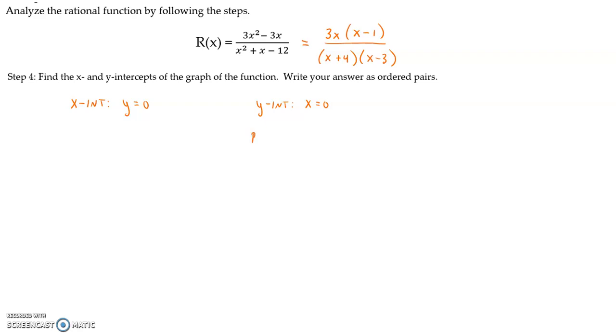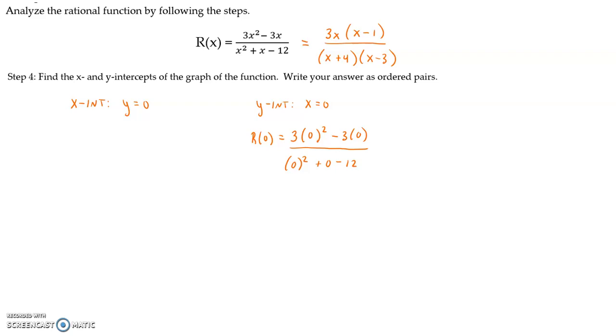We're going to be calculating r of 0, and we'll plug in 0 each time we see an x value in our function. So we've got 3 times 0 squared, minus 3 times 0. And in our denominator, we've got 0 squared plus 0 minus 12.